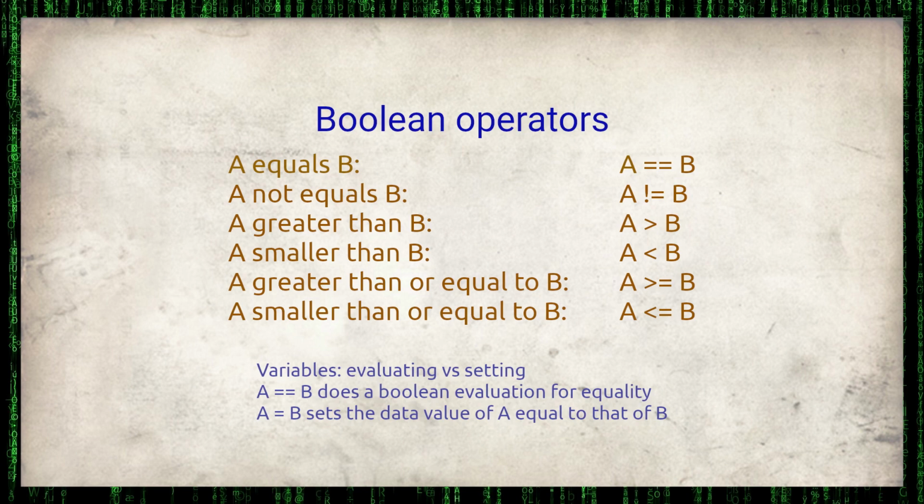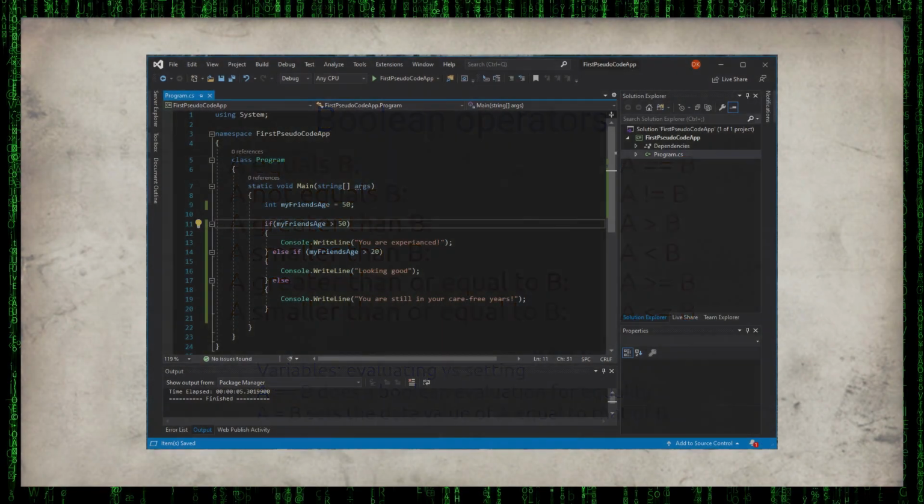That's when you actually set the value of a variable. But when you're doing an evaluation of the value, then you have to use a double equal. Just remember that if you do a double equal, that means you're doing a Boolean evaluation, and if you're doing a single equal, that means you're actually setting the value of a variable.